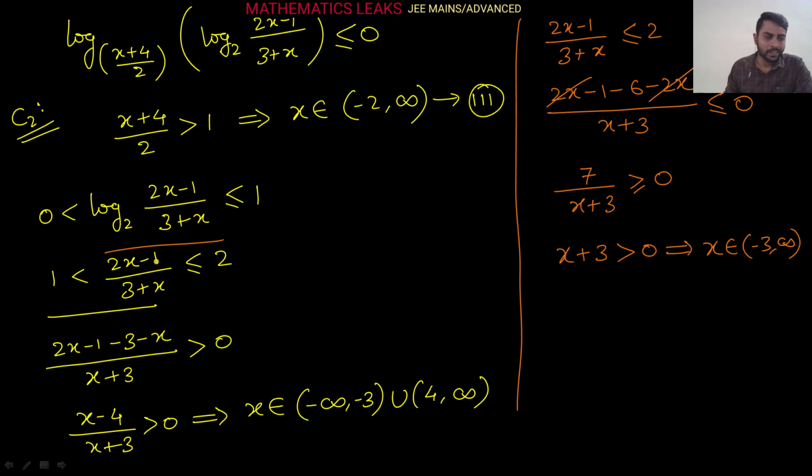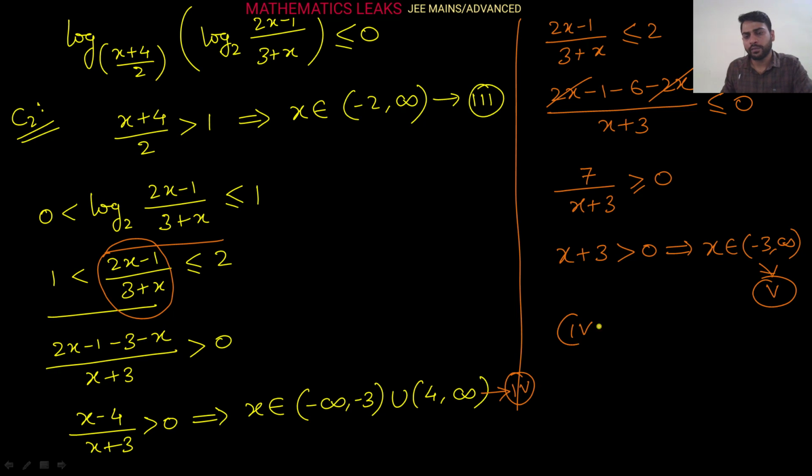So in this case, when this quantity is in between 1 to 2, for what value of x? This quantity should be greater than 1 and less than or equal to 2. So we have to take the intersection of this and this. Let's suppose this is equation number 4 and this is equation number 5. Taking the intersection of 4 and 5, x should belong to (4, infinity), right?